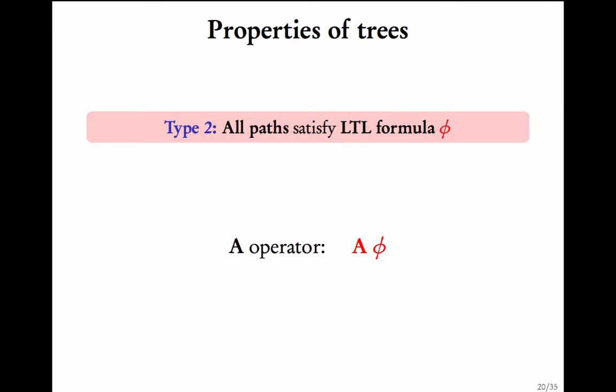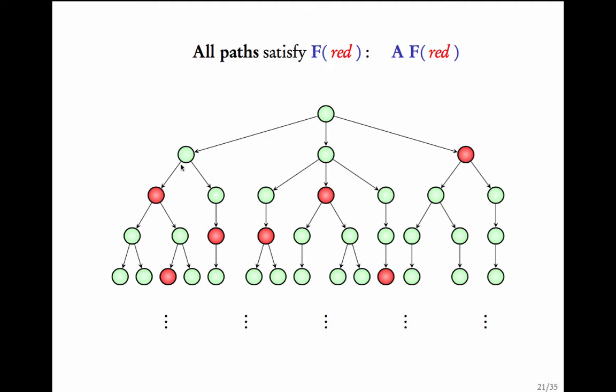And for this we have the A operator. When you say A phi, it means that all paths in this tree satisfy the LTL formula phi. So this translates to A F red. This tree satisfies A F red.